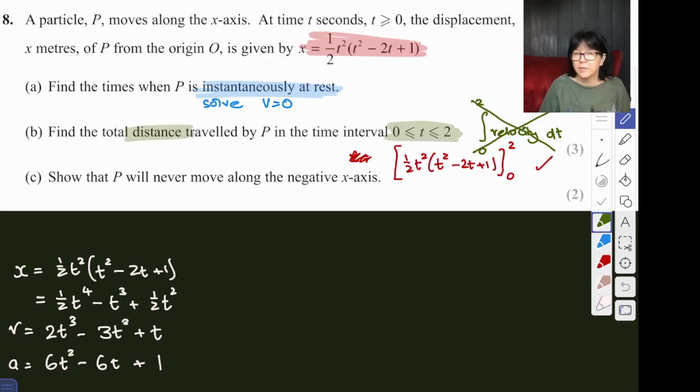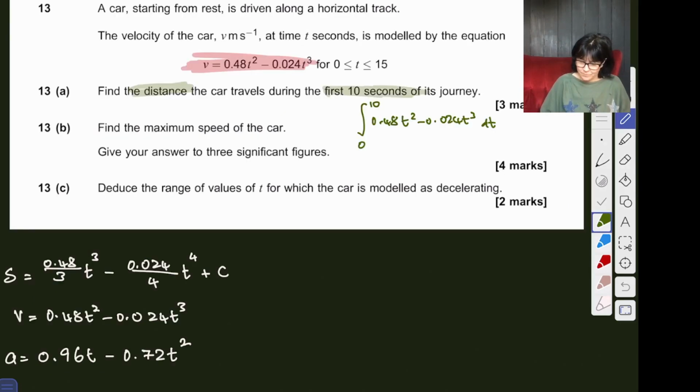That one, we didn't actually need to integrate because they told us the function. I'll come back to that one. Okay, this one. Now, what's important here is they're asking for distance, not displacement. Now, if I integrate that and do the limits, I will get displacement, and it might not be distance.